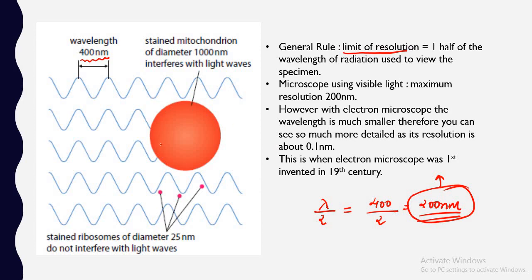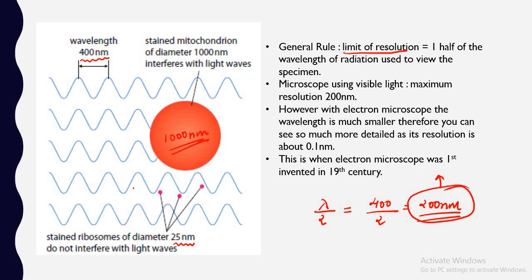So mitochondria, whose diameter is 1000 nanometer, can be viewed under the light microscope. But ribosomes, which have a diameter of only 25 nanometer, are not observed under the light microscope. Why?